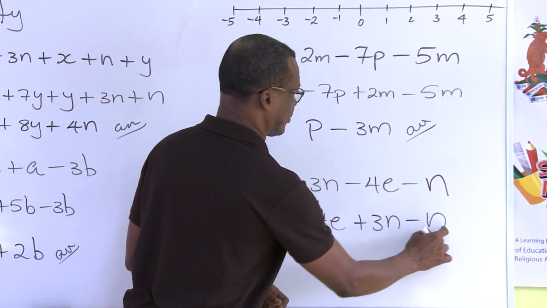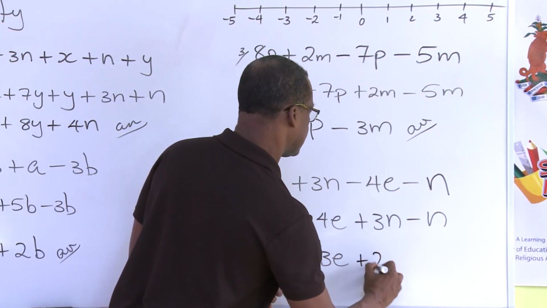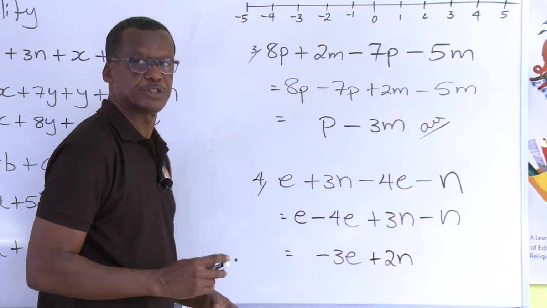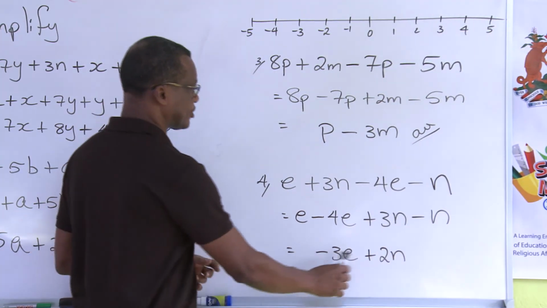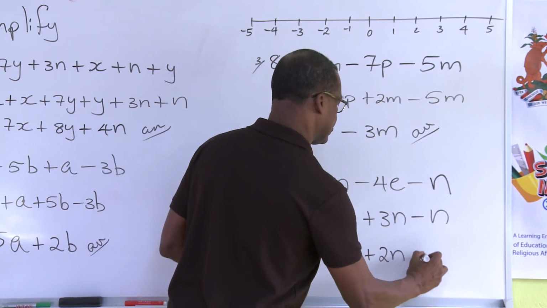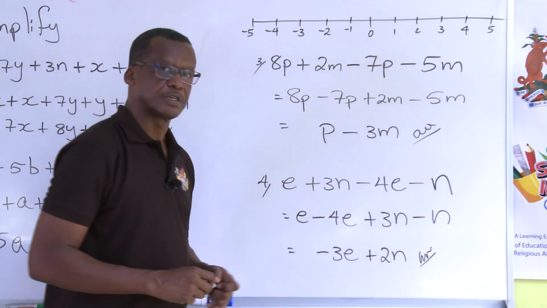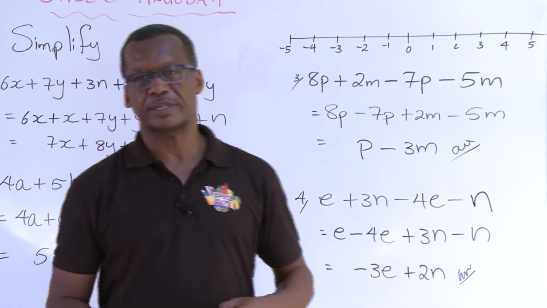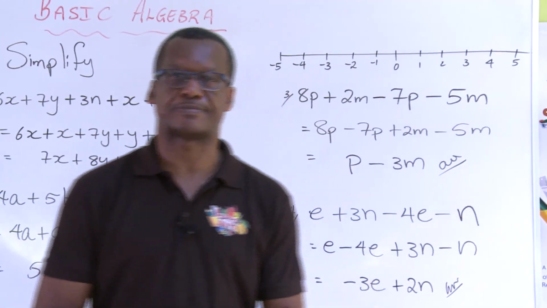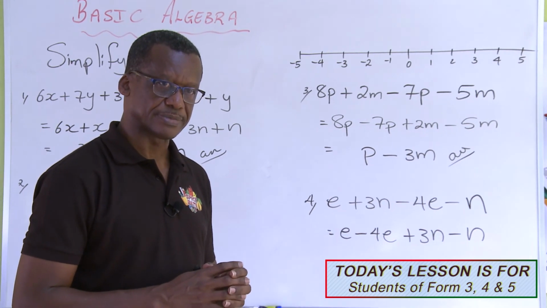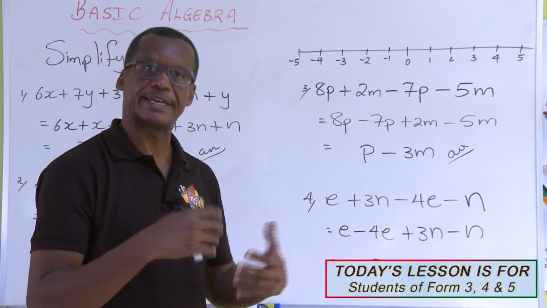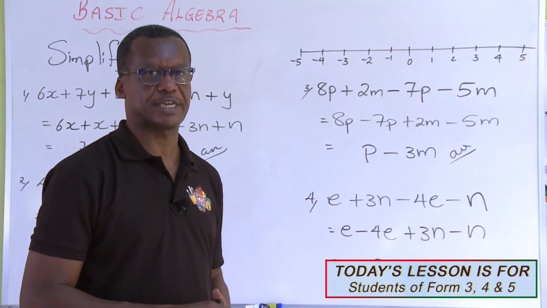And 3n take away 1n gives me positive 2n. And that would be my answer: negative 3e plus 2n. So now we see how you can simplify an expression by simply bringing the like terms together and then evaluating them, adding them or subtracting them as the case may be.